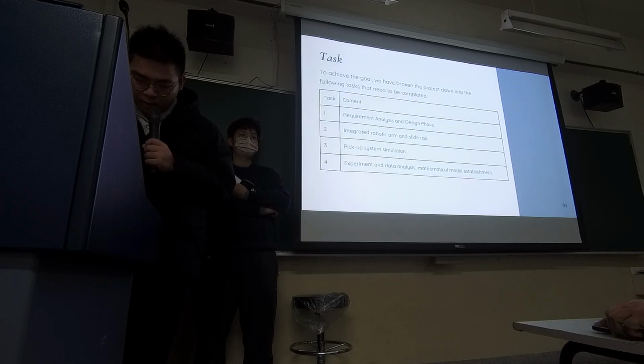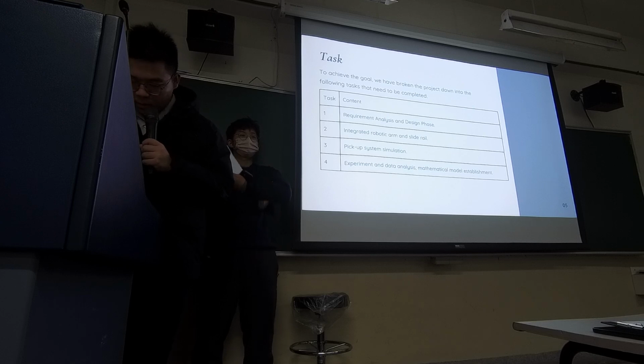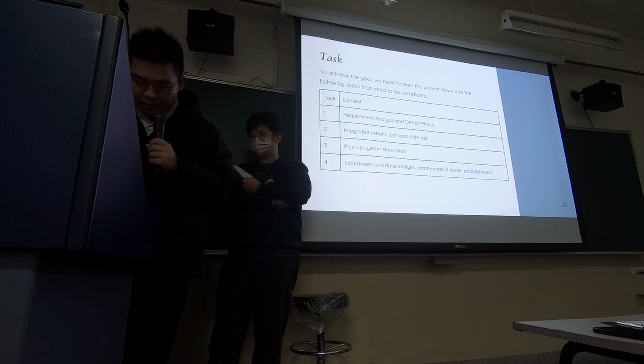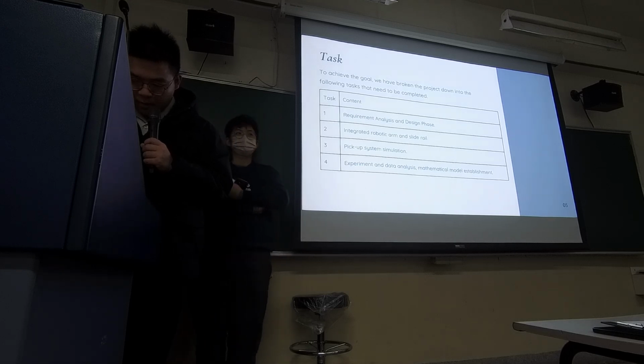We first conduct market research to identify the shortcomings of existing systems, determine current market demands, and define the necessary functionality for our system. Next, we design a 4-degree of freedom robotic arm integrated with a sliding base to achieve flexible and efficient item handling.